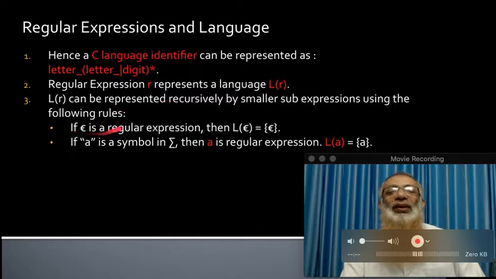Now these are the sub-expressions. If epsilon is a regular expression, then language of epsilon is epsilon itself. Suppose that if A is a symbol in a language, then A is a regular expression. That means language of A is equal to A.